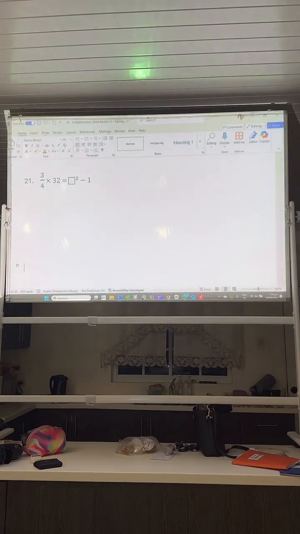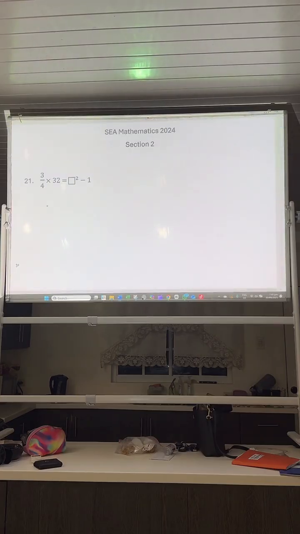We'll have 3 over 4 multiplied by 32 over 1, right? So what we need to do here is cross multiply. 4 into 32 is 8, and then 3 multiplied by 8 will be 24.